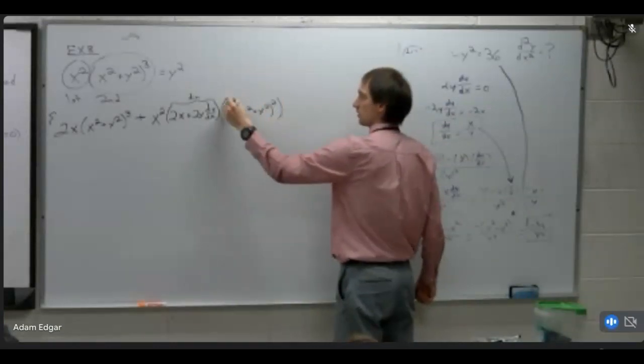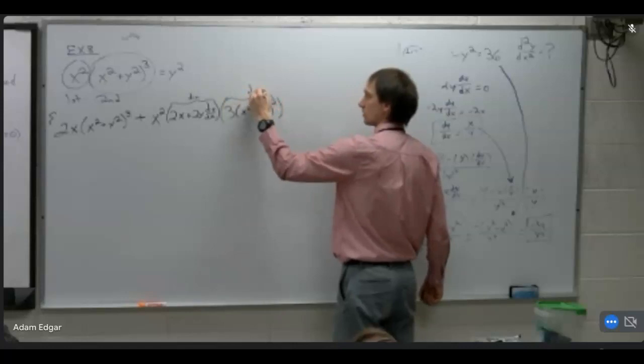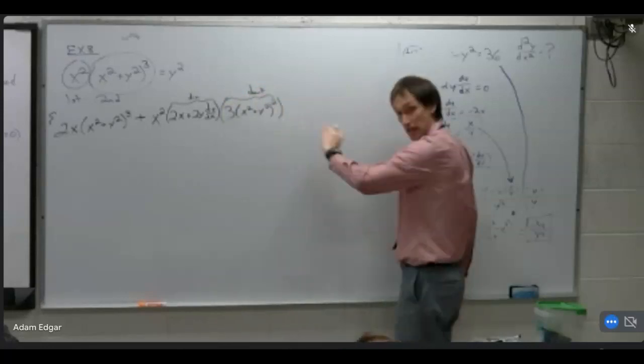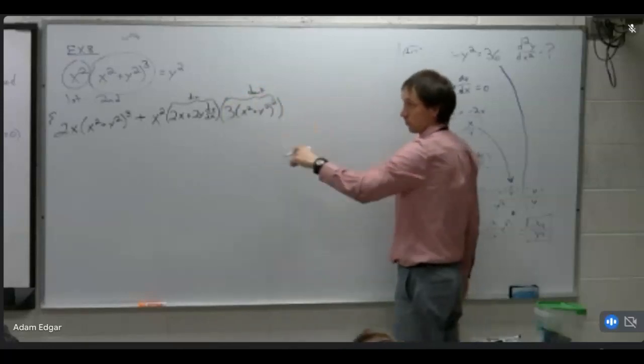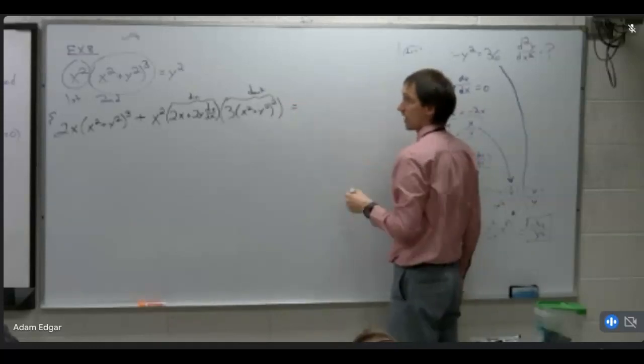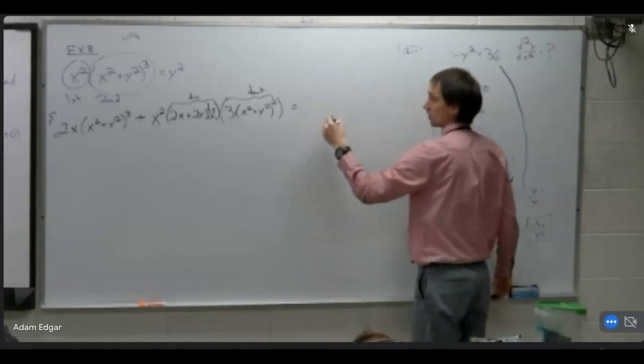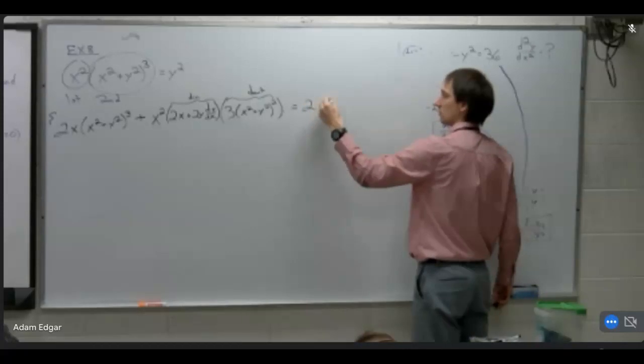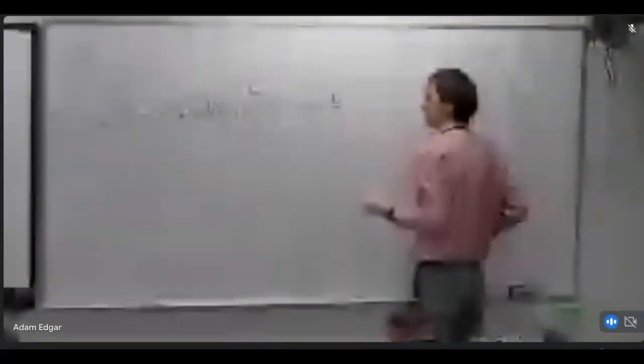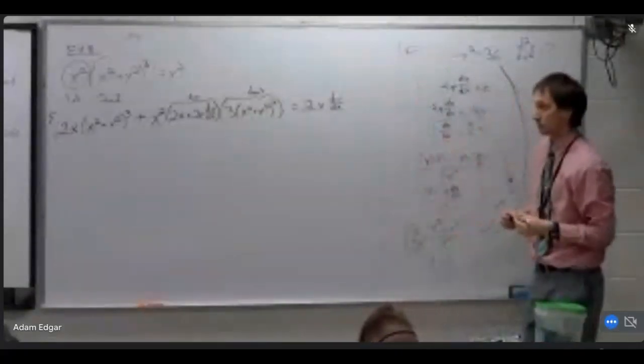So this bit here is d out. So that's the derivative on the left side. On the right side, y squared becomes what? 2y dy dx. All right, at least on the right side, it's not terrible.